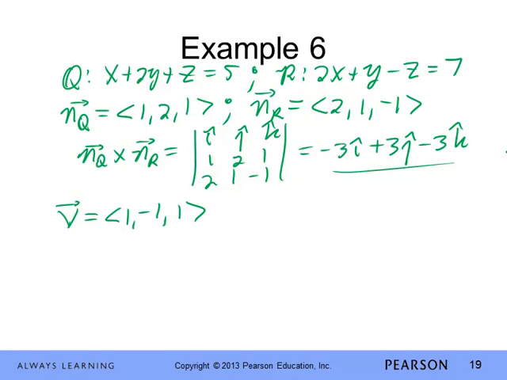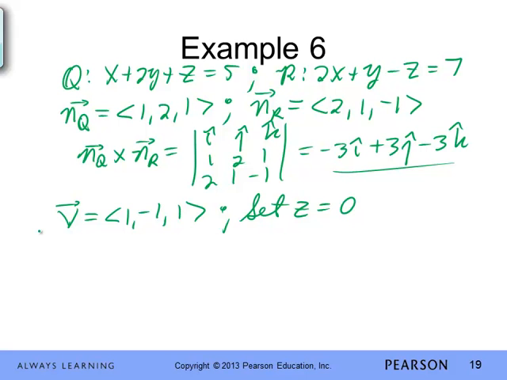Now, I can guarantee you that both of these planes are not parallel to the xy plane, because if they were, you wouldn't see z in their equations. So both of these planes will cross the xy plane, for which z is equal to 0. So you set z equal to 0.